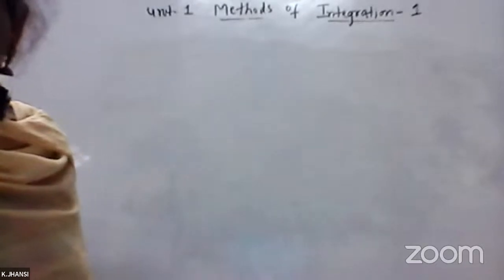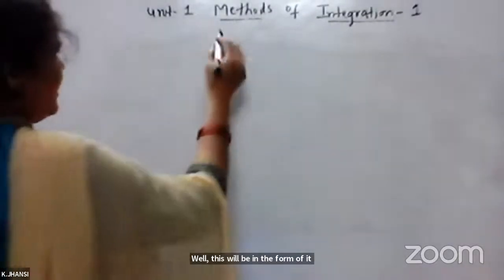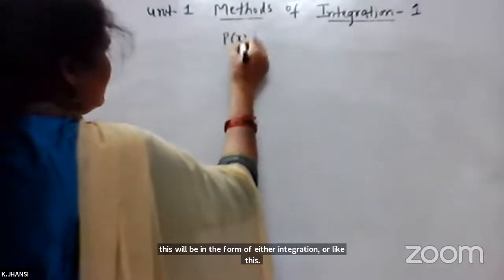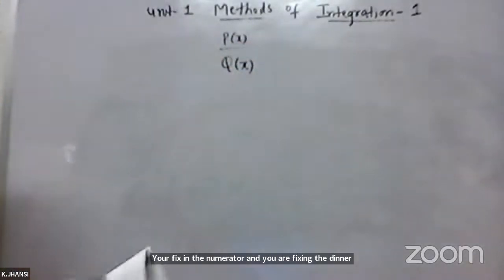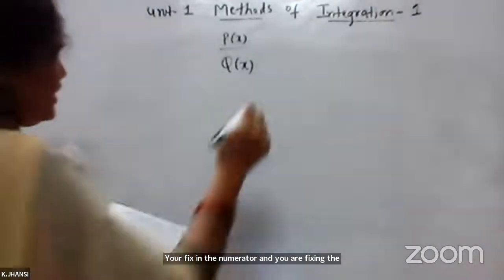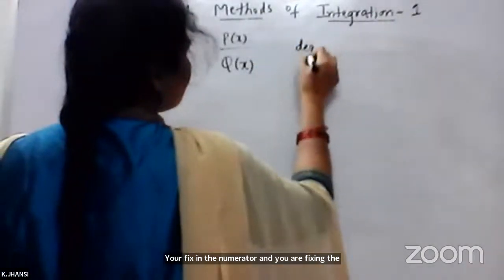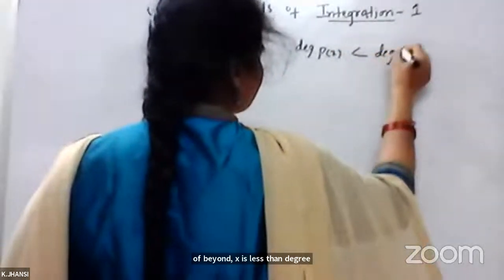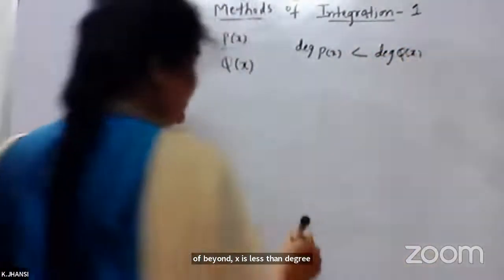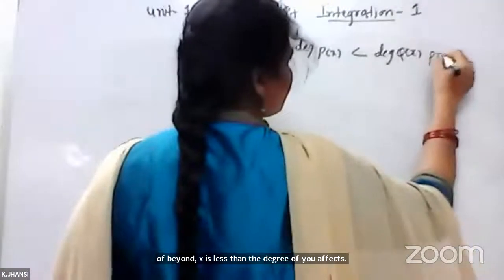So this will be in the form of integration of p of x in the numerator and q of x in the denominator, p by q form. In this, if degree of p of x is less than degree of q of x, we call it a proper fraction.